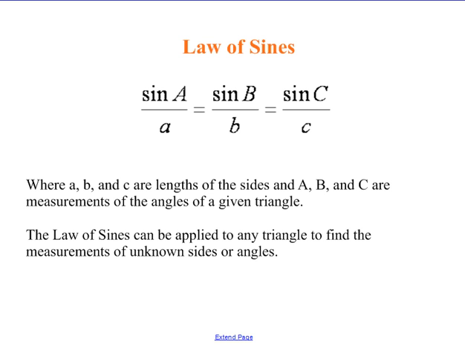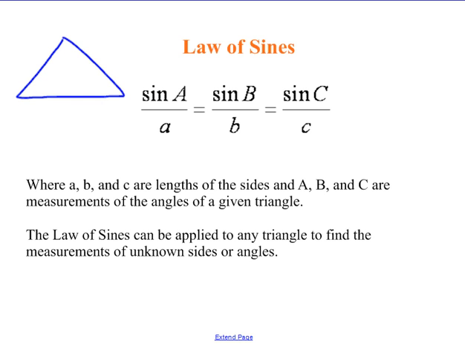Remember, the capital letters are all angles, and the lowercase letters are the sides. You also have to remember that angle A and side A are across the triangle from each other. Angle B and side B are across the triangle from each other. Angle C and side C are across the triangle.